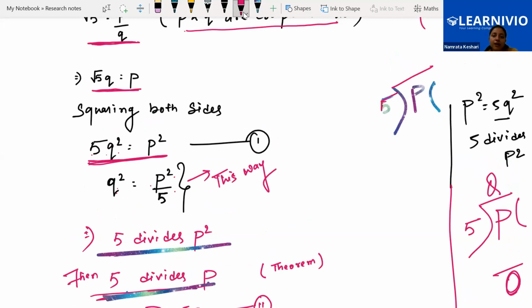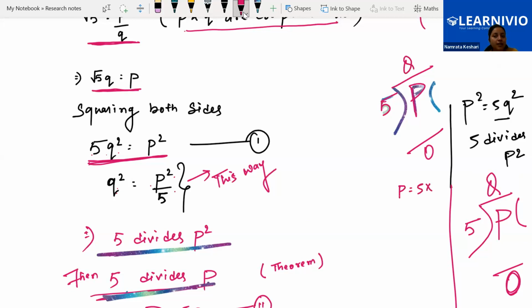So we are saying that 5 divides P. That means we can apply the formula with remainder 0. 5 divides P means 5 divides P completely, so the remainder is 0. We can use the formula dividend is equals to divisor into quotient plus remainder.